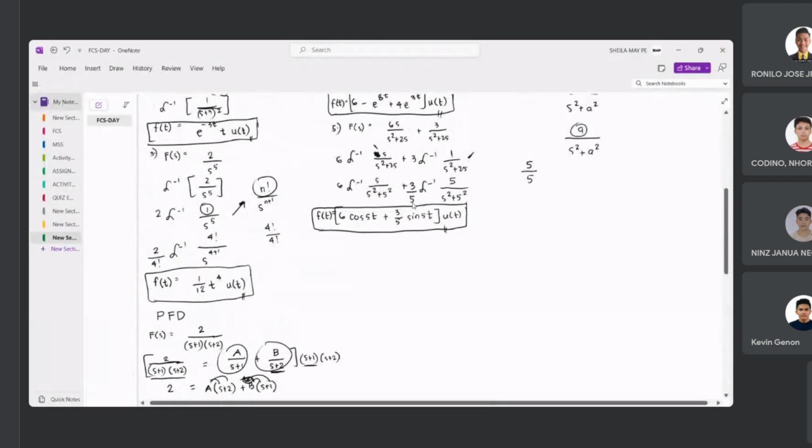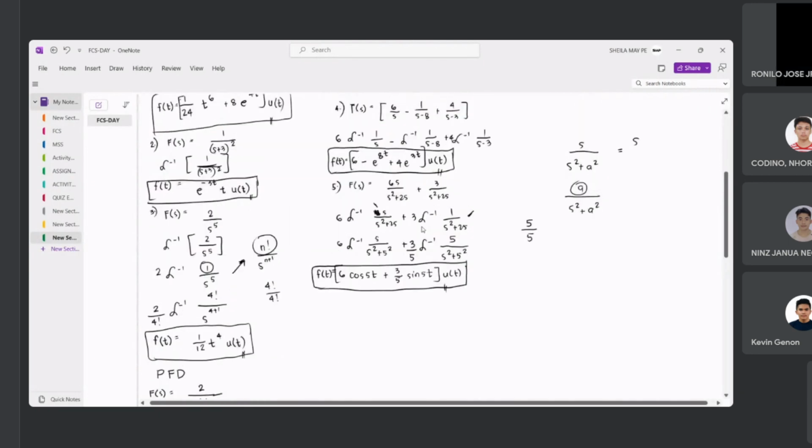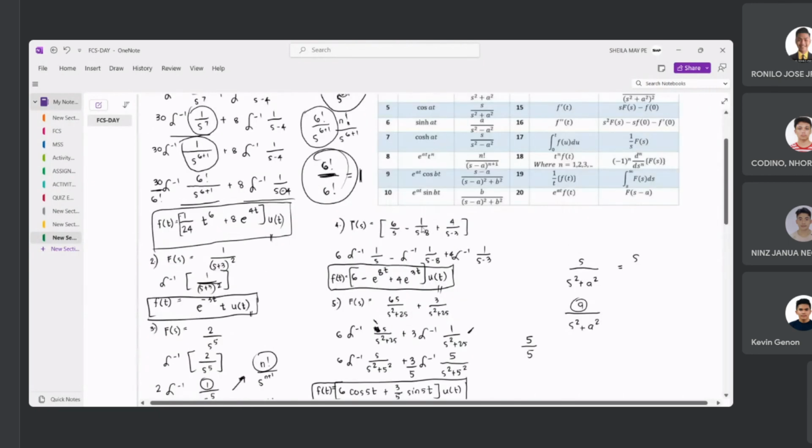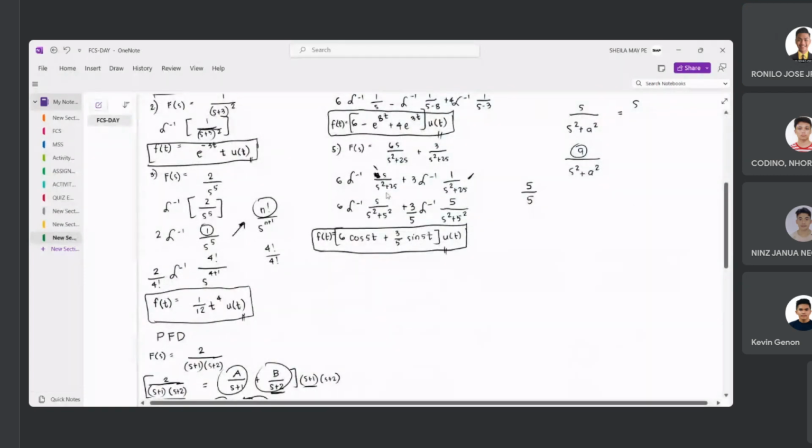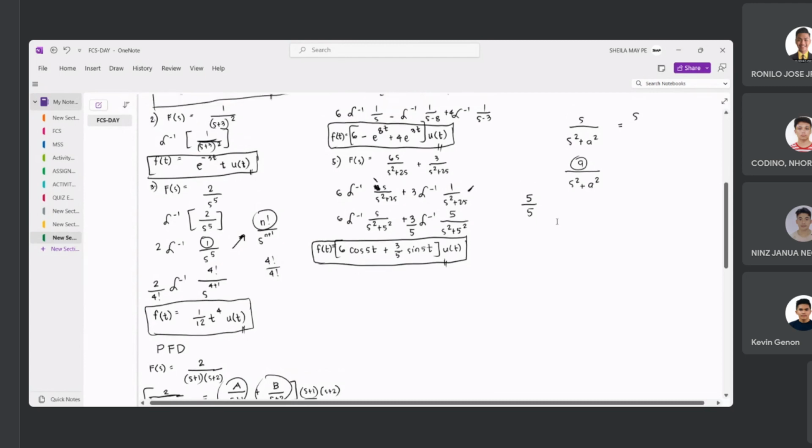Kani diri? Unsay A ug B to? Example number 5. Incorporate sa A o B. If you're using A, you use A. If you're using B, you use B.